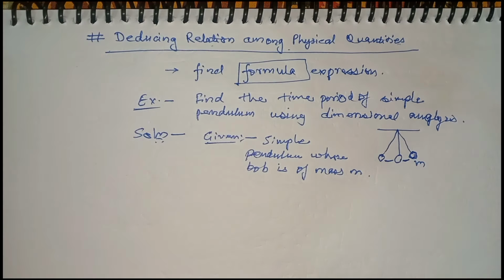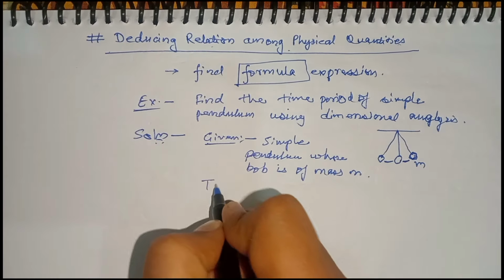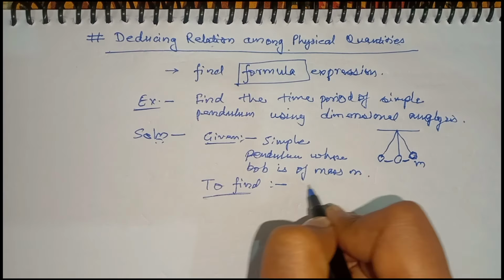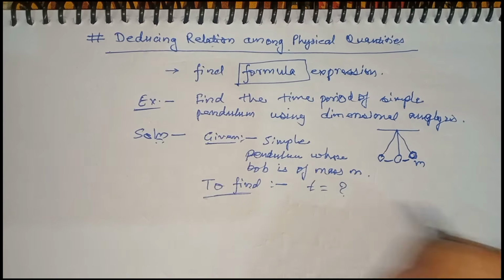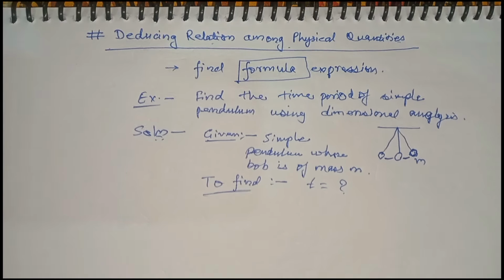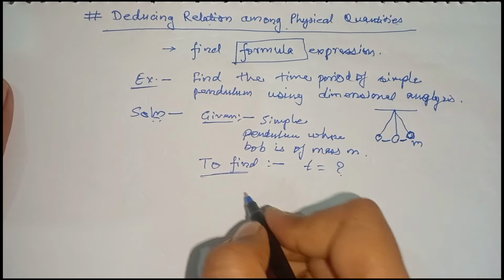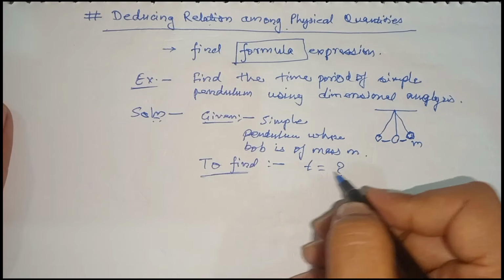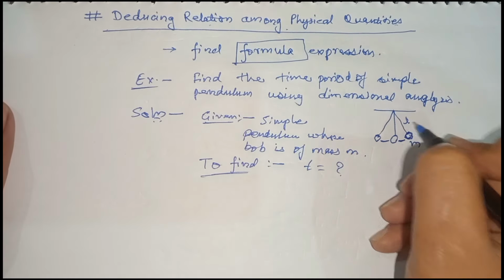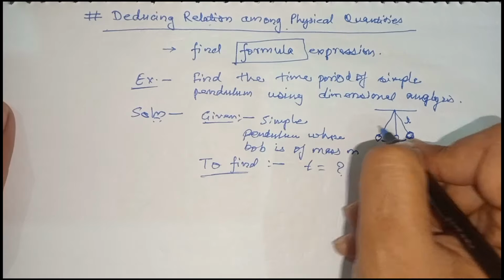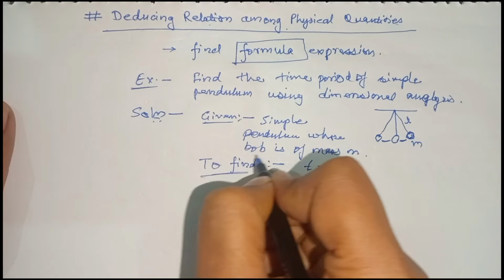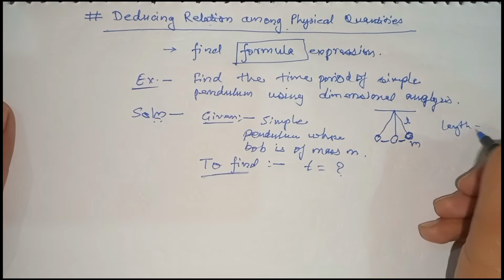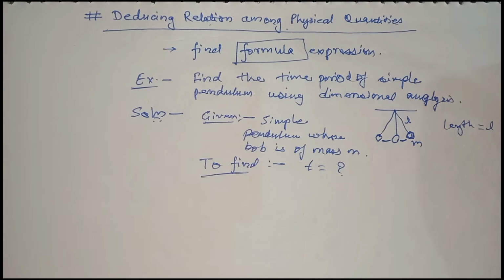This is given, and what we have to find or derive is the time period T equals what. Now let us see what the governing factors of the time period are. This is length L. This is also given. It will be written in the given part. That is, the length of the string is L. The length of the string is also given.